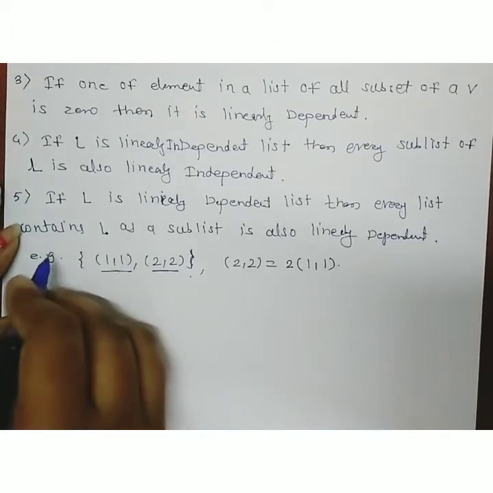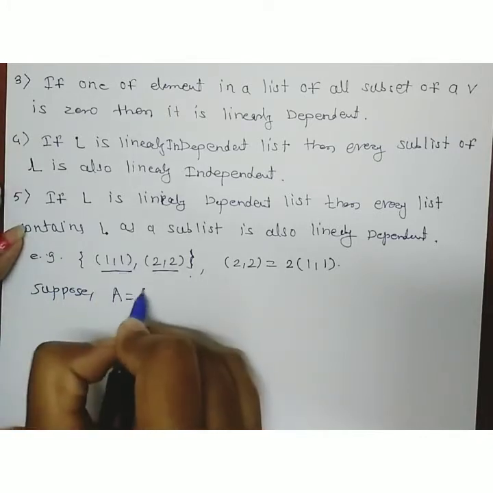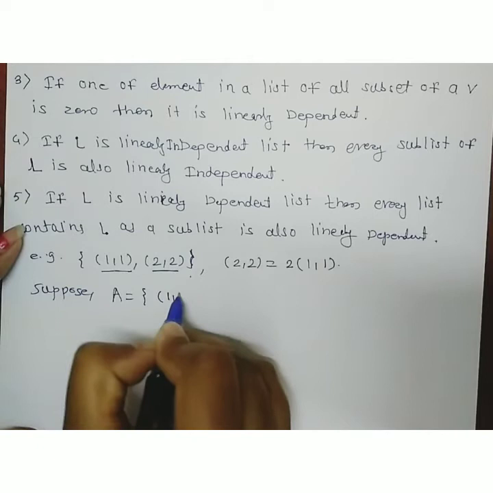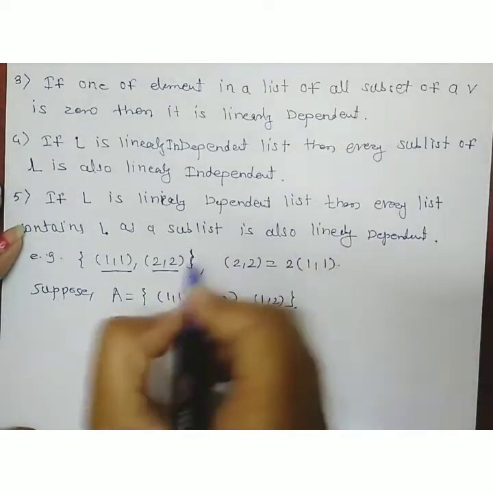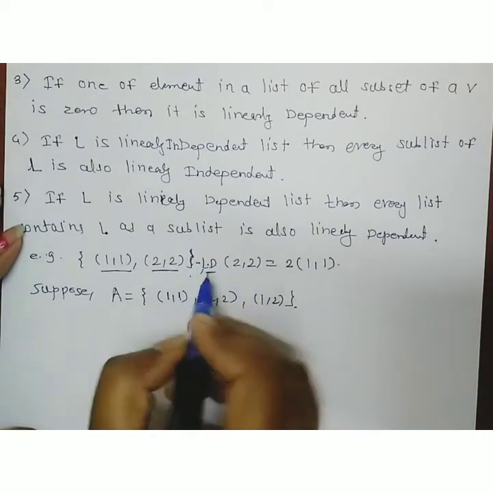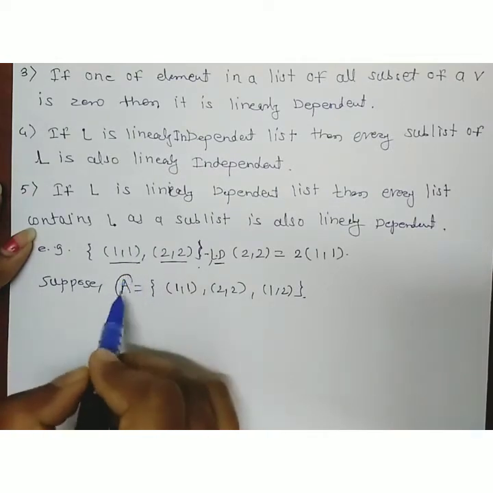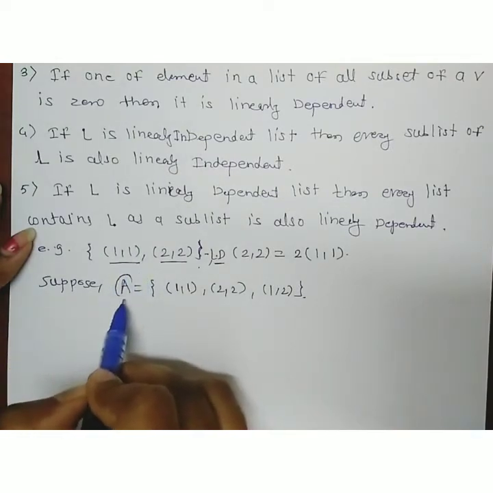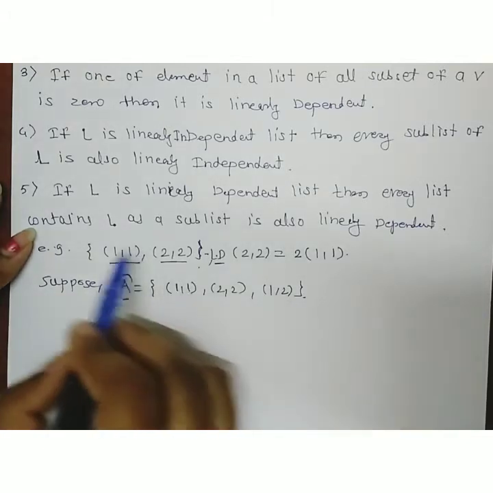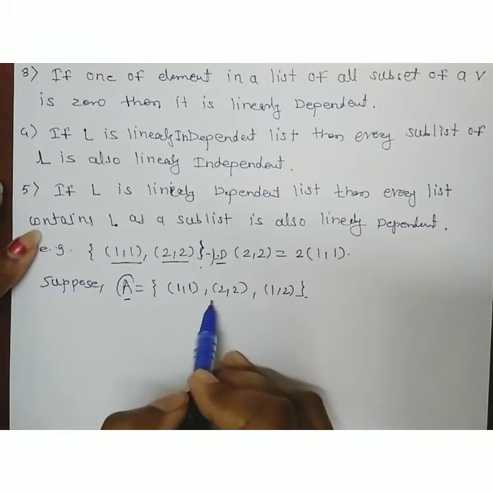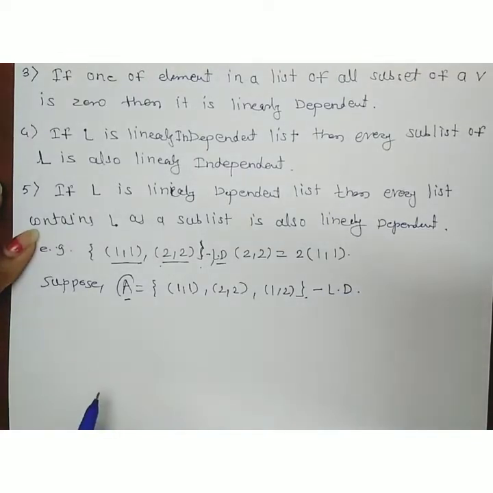Now suppose we consider A, consisting of the vectors (1,1), (2,2) and (1,2). As the set {(1,1), (2,2)} is linearly dependent, since one vector is a linear combination of the other, and this set is contained in the set A, therefore the set A is also a linearly dependent set.